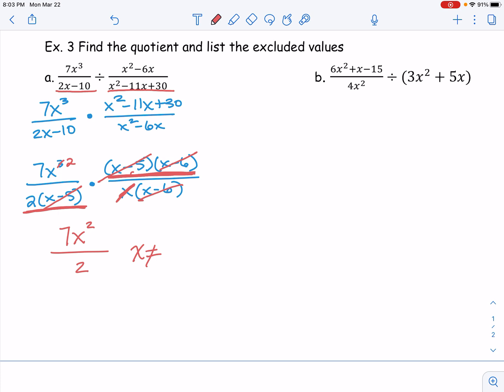When we rewrote it, it became the top, but it was originally at the bottom. So that means x cannot be 5, 6, or 0. Sorry. Because we also want to check this bottom too.